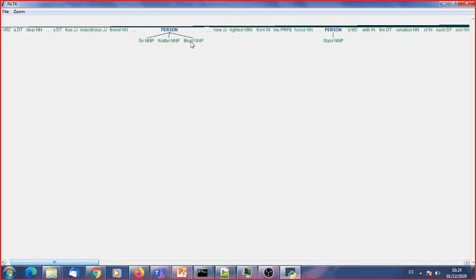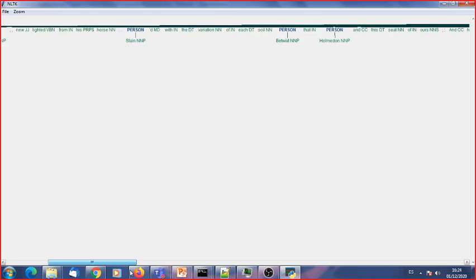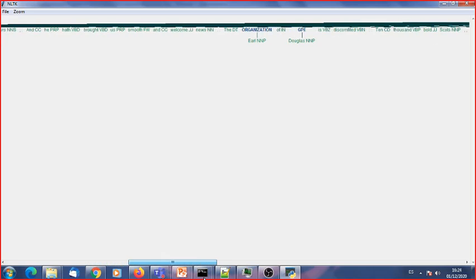For example, Sir Walter Blunt has the tag person. You recognize Sir Walter Blunt as a person entity, or Stein as a person, or Bedwick's hold on. As I said, it's not 100% accurate, and in some cases maybe hold on is not a person but a location. Here, Earl is detected as an organization entity, and Douglas as a geopolitical entity.